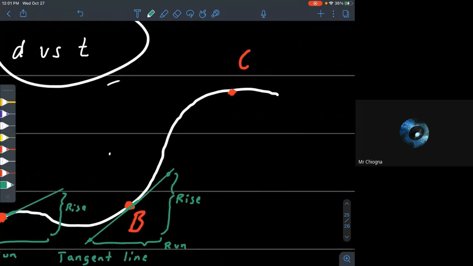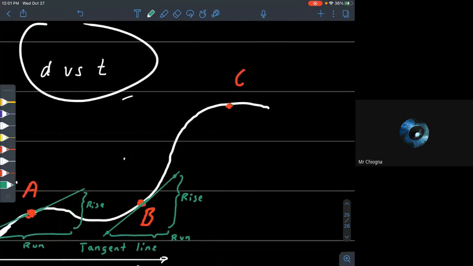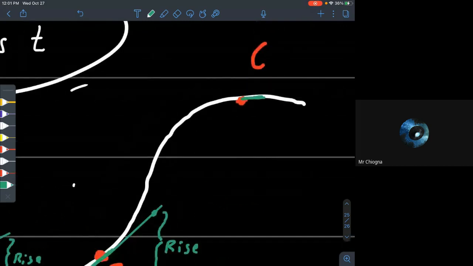Let's look at point C. This is an easy one, actually. Extend the tangent. I would zero in. You can see here that the curve, right close to the red point, can be extended slightly so that it's parallel to the curve. Extend it further.